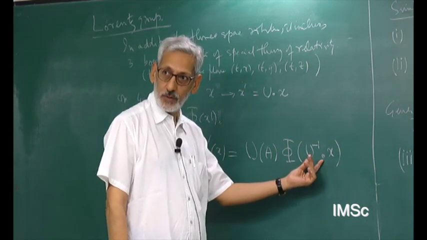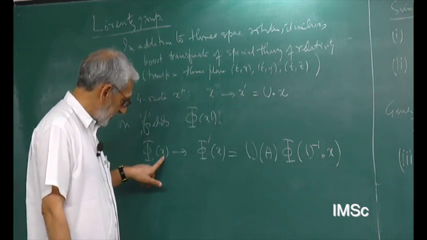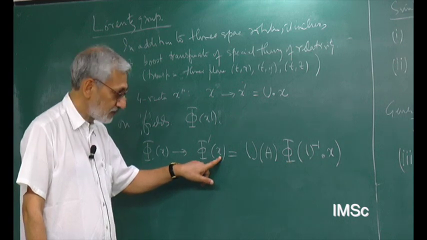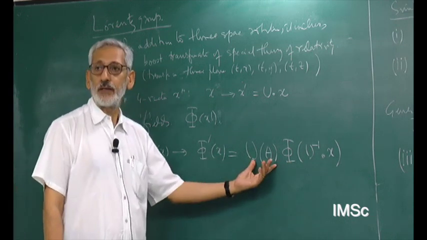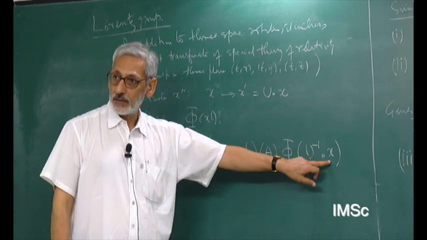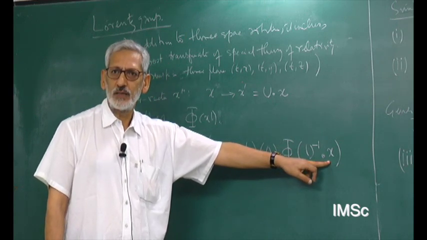This structure is important to remember, that on the fields, phi of x goes to phi prime of same x as some operator U theta of phi and U inverse of x. Is everybody familiar with this little step?